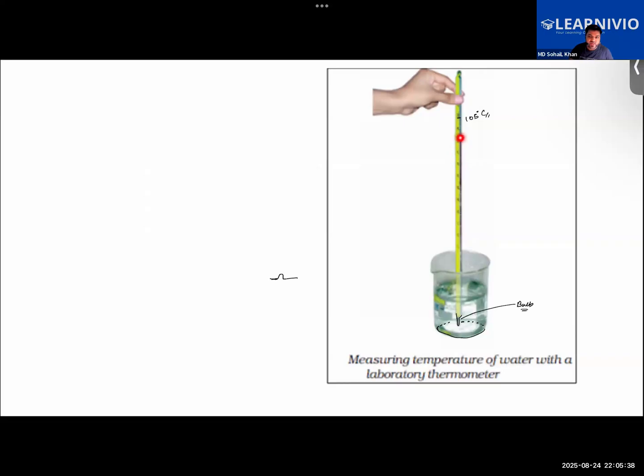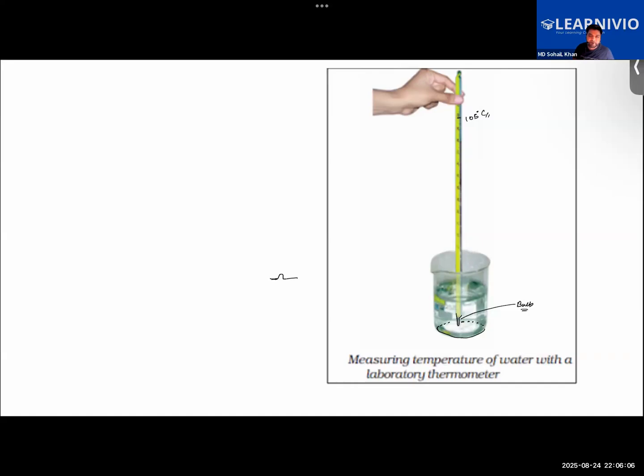It has to be used while it is in the given solution. At the same time, you have to take the reading. Sir, alcohol is put in those thermometers, because if mercury seeps out, it could lead to some problems. No, no. In the laboratory thermometer, mercury is used.